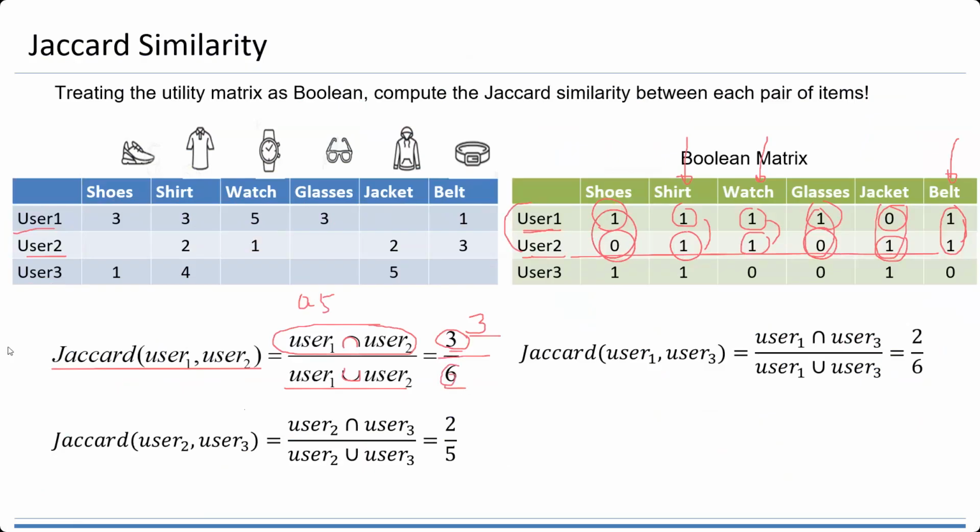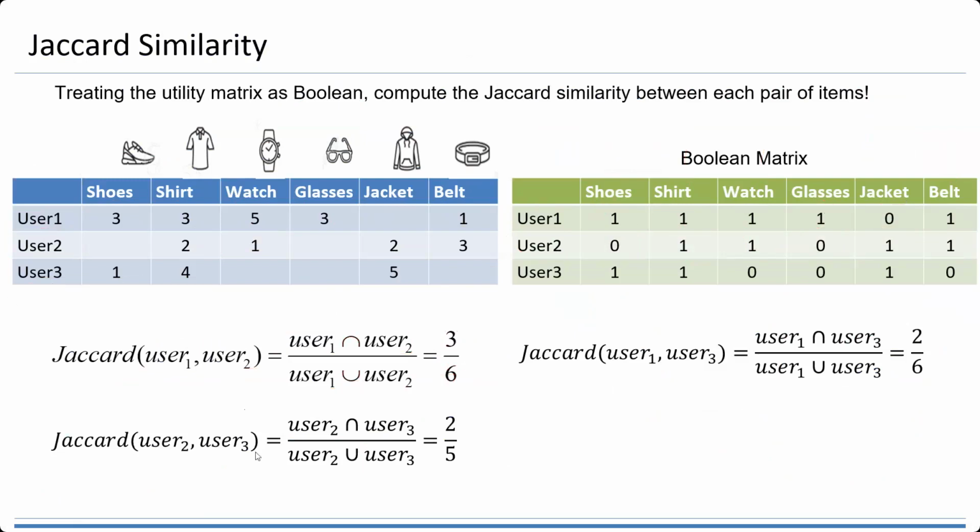Now let's see what about the similarity between user 2 and user 3. User 2 has no shoes. User 3 has shirt, 1 and 1. User 2 has watch, and user 3 has no watch. User 2 has jacket, user 3 has jacket, and user 2 has belt, and user 3 has belt. Now, we don't need to consider this one. Why? Because both of them are different.